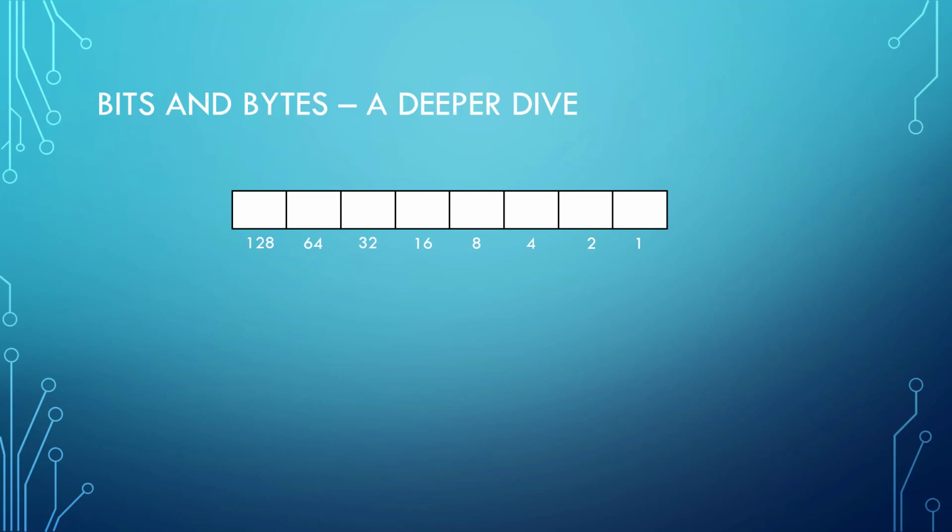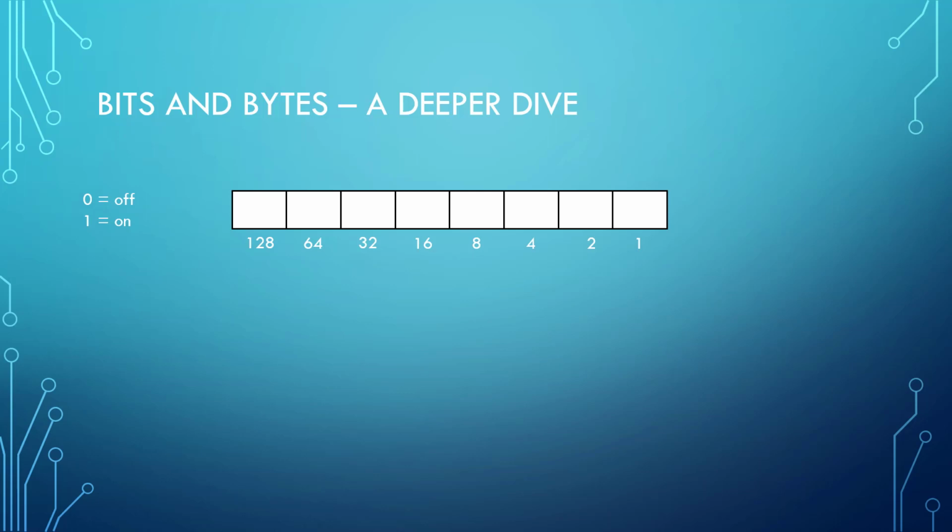Now, each one of these bits, remember I said, was like a switch, and it has a numeric value associated with it. Inside the bit we can put a binary value, but binary values are only zeros and ones. So a 0 equals off and a 1 equals on.